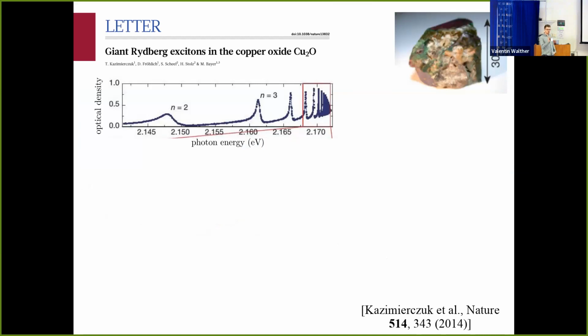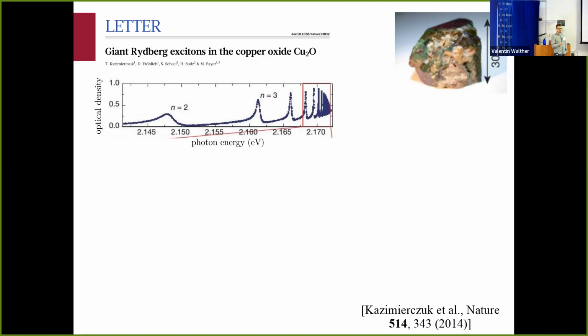A historical remark: this material was the first where excitons were ever observed, in a group at the Ioffe Institute in St. Petersburg. Then for an anniversary, 70 years of the first excitonic discovery, a group in Dortmund tried to measure the same absorption series again, for sentimental reasons I guess, but with better equipment.